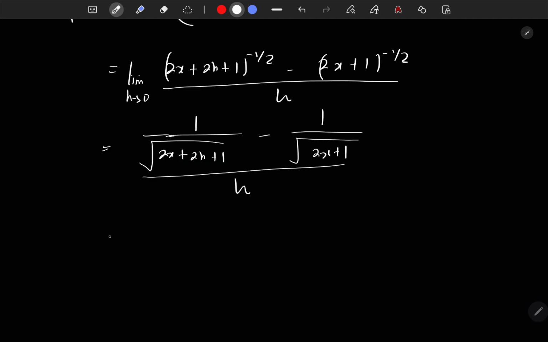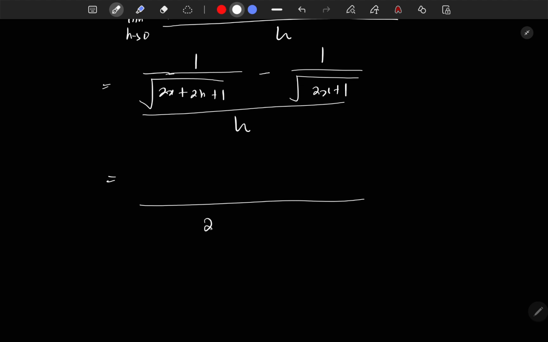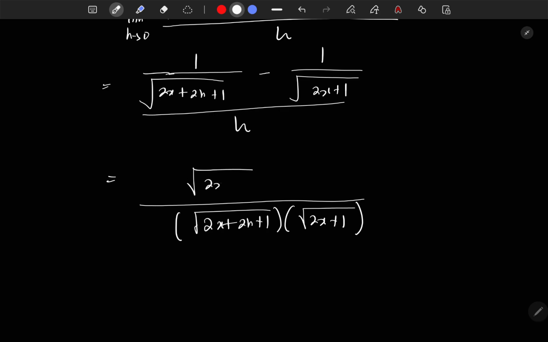My common denominator on top is just the square root of 2x plus 2h plus 1 multiplied by the square root of 2x plus 1, dividing this one into here to give me this 2x plus 1, and there's a minus there.